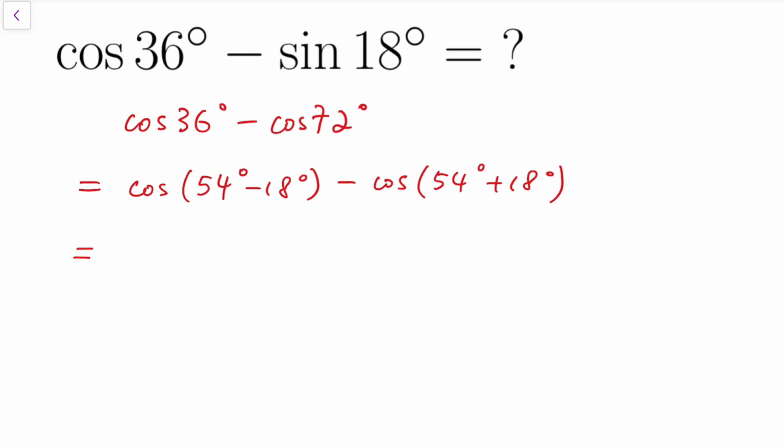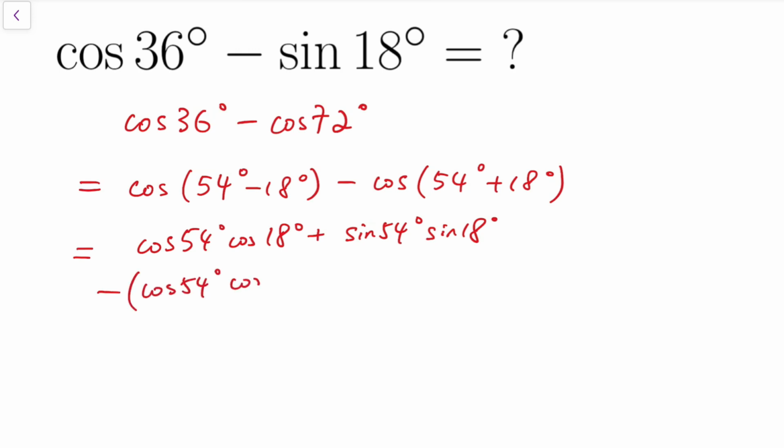Then I'll use the compound angle formula, where it's the product of cosines plus the product of sines for the first term, while for the second term it's not plus but minus instead.